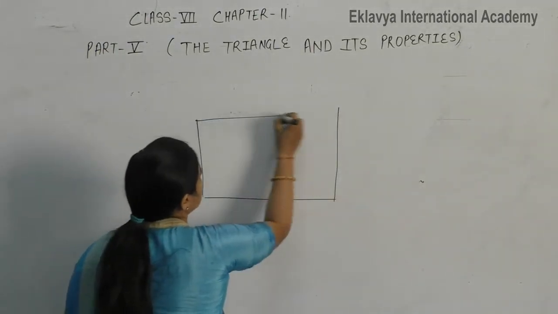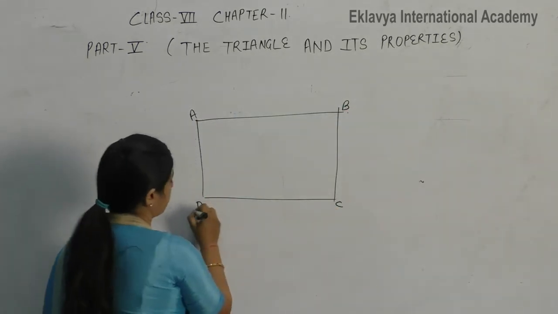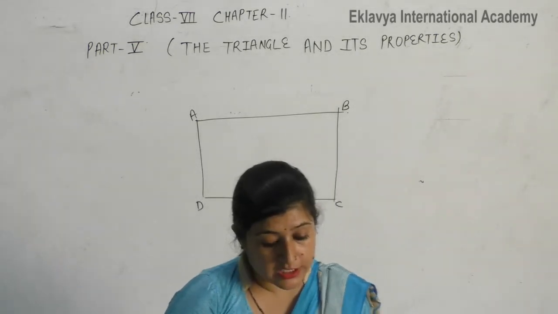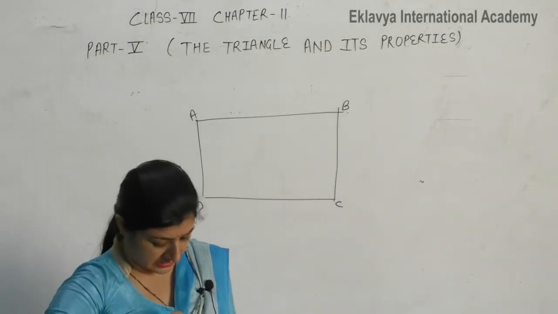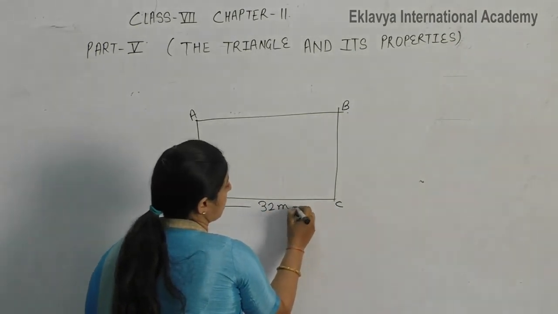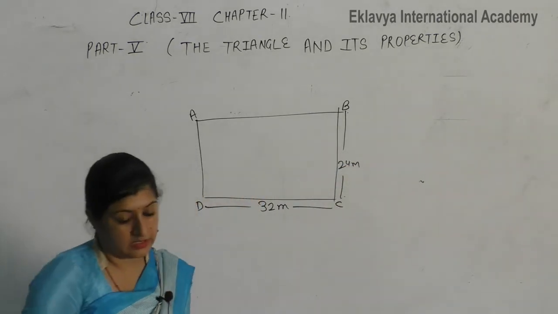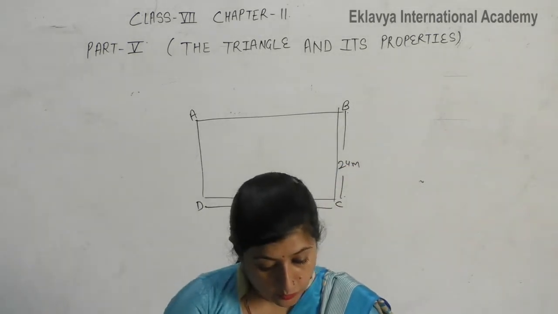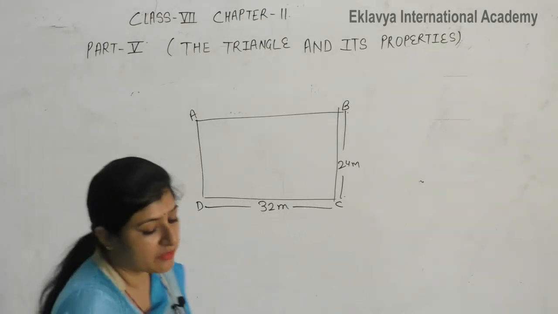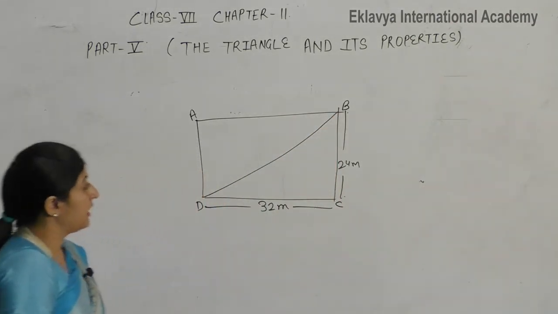ABCD is a rectangle that measures 24 meter by 32 meter. You want to put a diagonal walk from corner to corner across the garden. What will be the length of the walk?